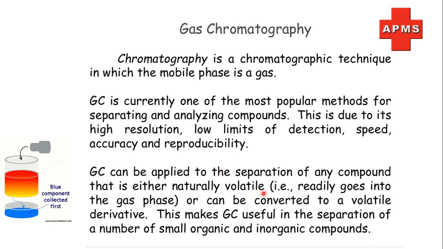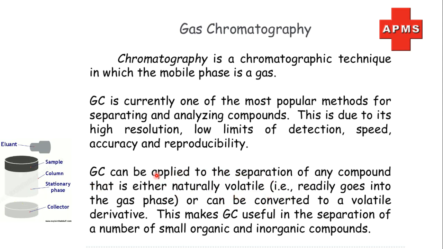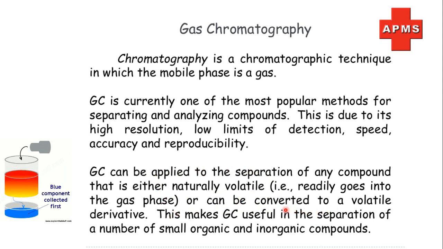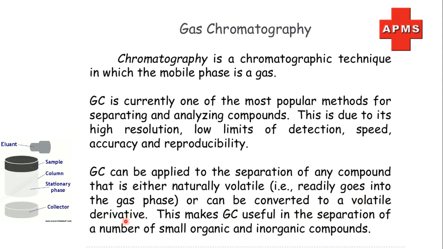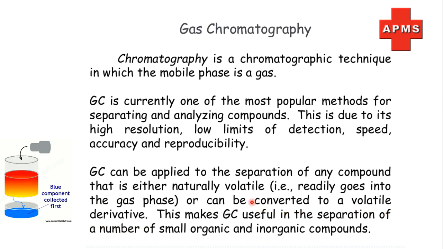The compound could be naturally volatile, meaning at room temperature it is very volatile, which is very good for the sample, as we do not require more energy to volatilize it. Or it can be non-volatile or less volatile, which could be converted into a volatile derivative, generally an organic compound, by a chemical reaction that converts the non-volatile compound into a somewhat volatile one.